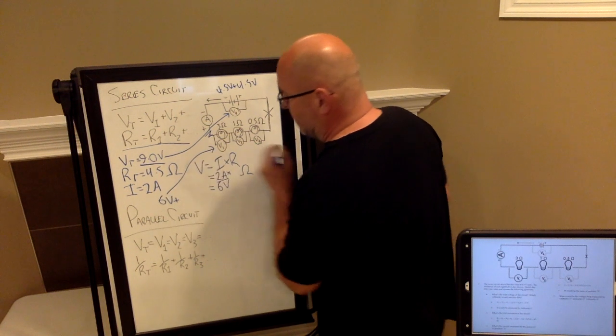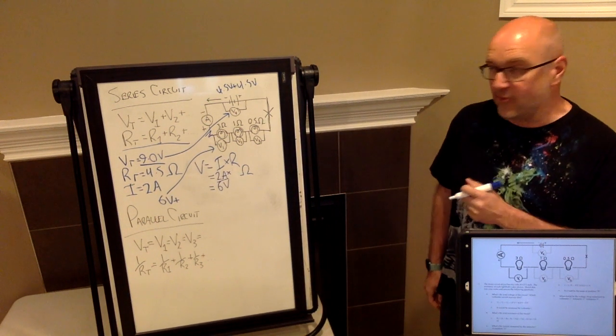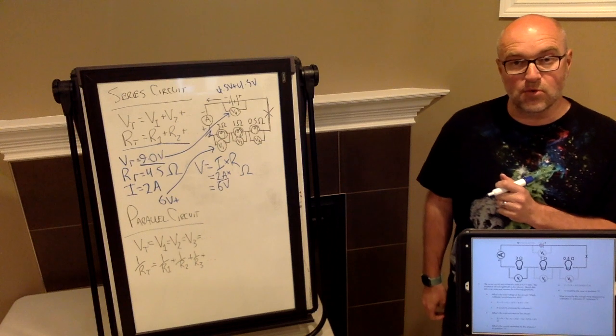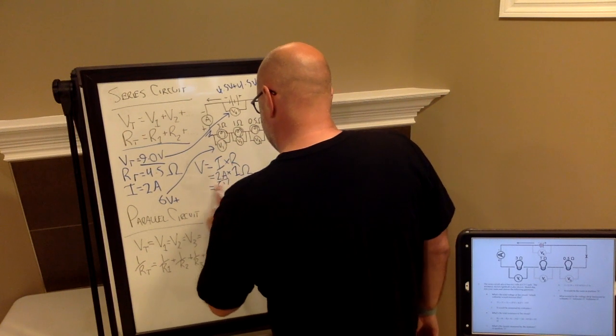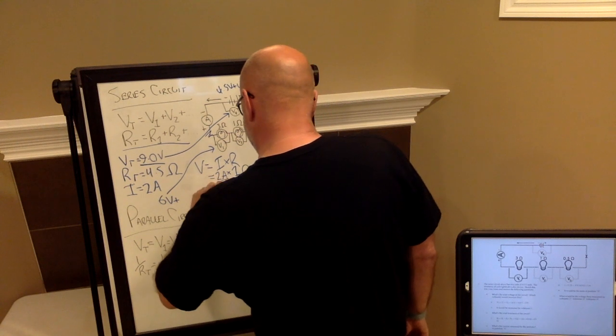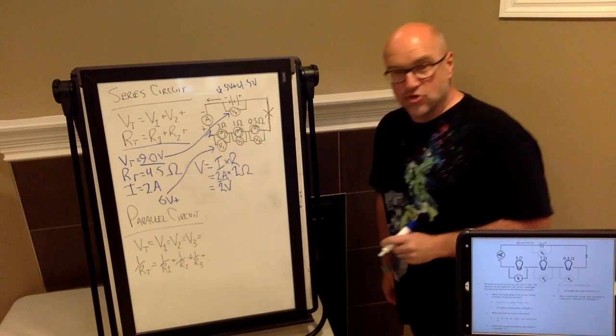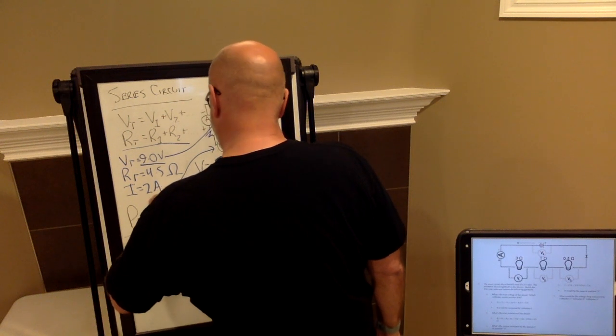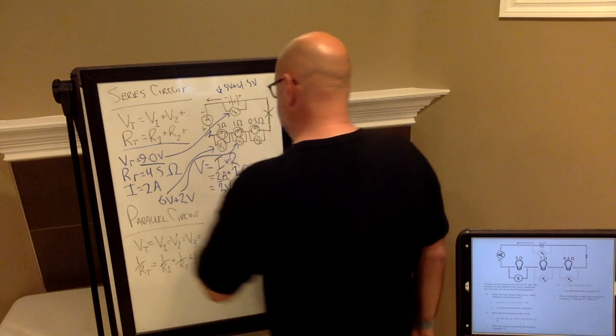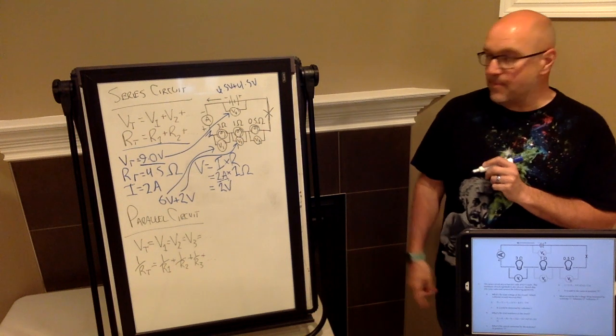My reading of voltmeter 1 is going to be 6 volts. I'm going to be down 6 volts after voltmeter number 1. My second one is going to be 1 ohm. So that's going to give me a drop of 2 volts over the second one. So if I have 2 volts there, let me just draw my second arrow there because that's my second volt drop, right?